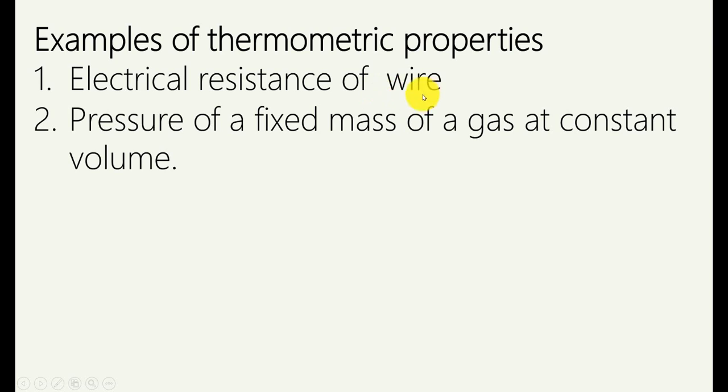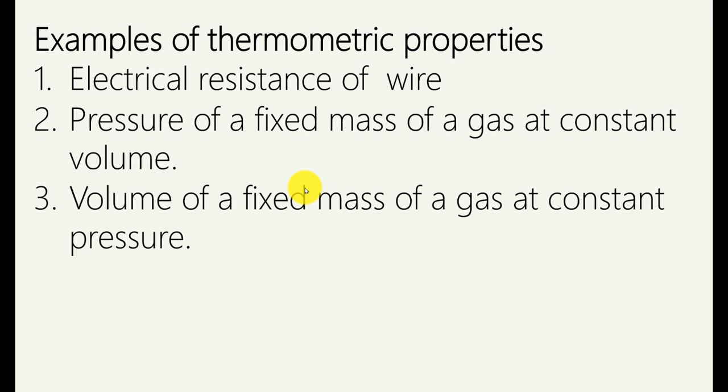Here the thermometric substance is the wire, the platinum wire, but the thermometric property is the electrical resistance of that wire. In number 2, we are looking at the pressure of a fixed mass of a gas at constant volume. When you increase the temperature, definitely the pressure will increase.